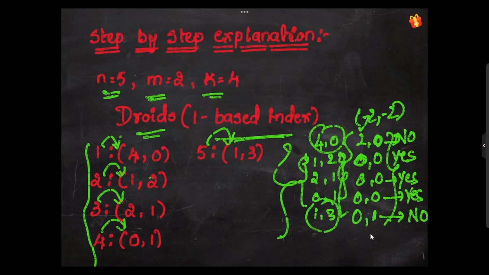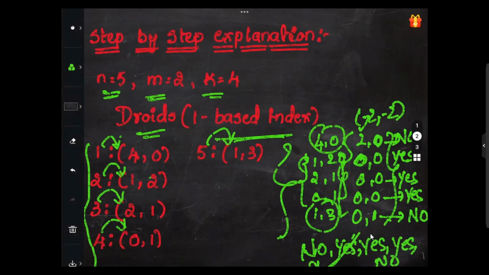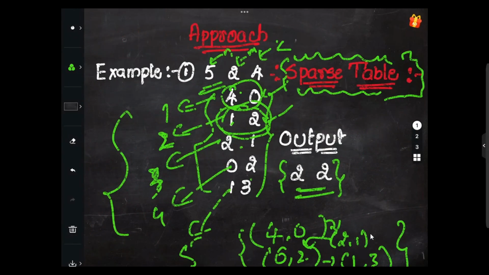Accordingly with this approach, we saw the 8 iterations, right? So 2 comma 2 is the thing that we need to apply. Basically we have to apply shots 2 comma 2 to each droid here. So the output that we got here is no, yes, yes, yes, no, no, triple s, no, right? So the output that we got here is no triple s, no, which is equivalent to the output they have given here, right?